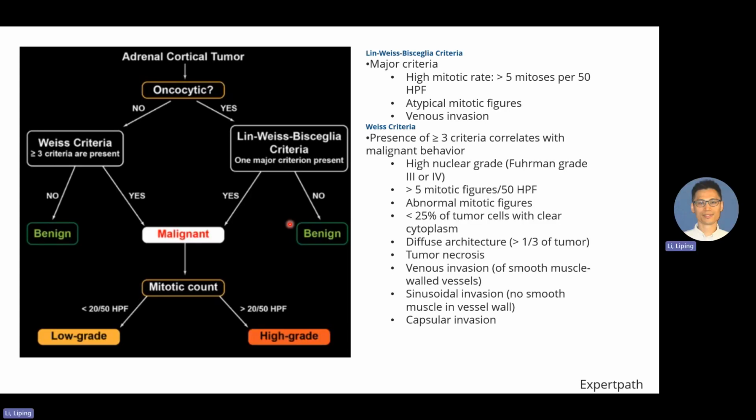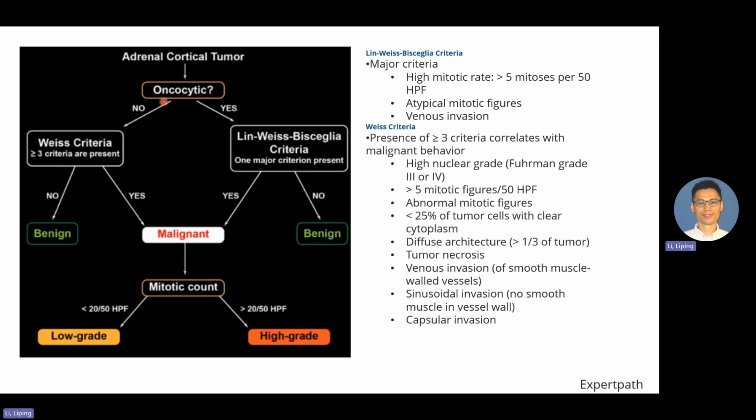And then why we put adenoma and carcinoma together, because only on H&E we need to use these criteria to tell us whether it is malignant or not. So from this algorithm, we first need to see whether the cells are oncocytic or not.